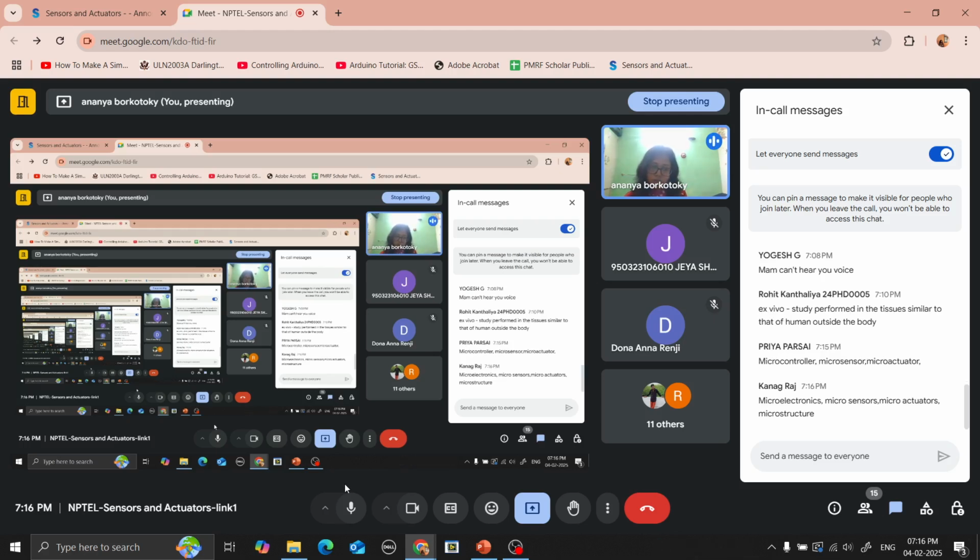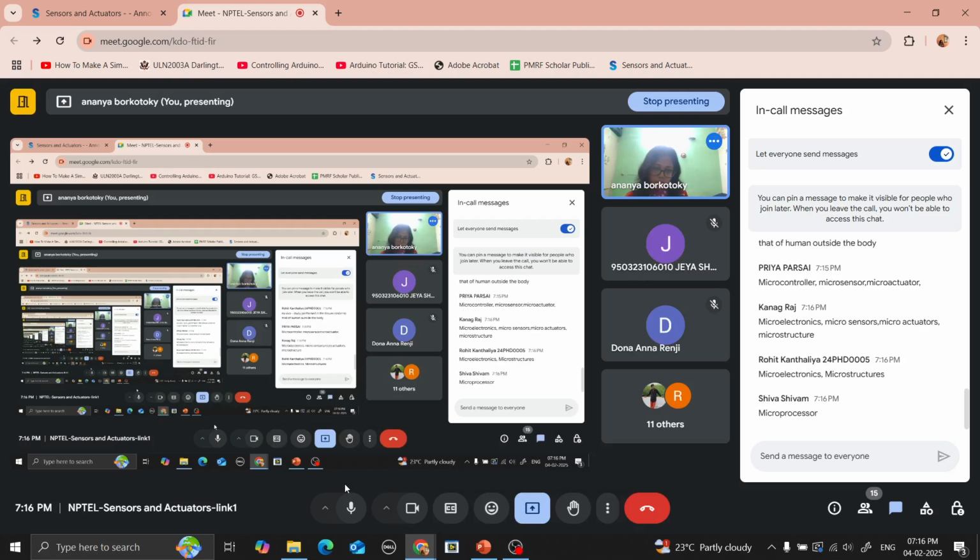It's microelectronics. Yeah, microstructures. Microprocessor comes under microelectronics. Yes, that is an example of a microelectronic system, and can be a part of a MEMS system. Okay.